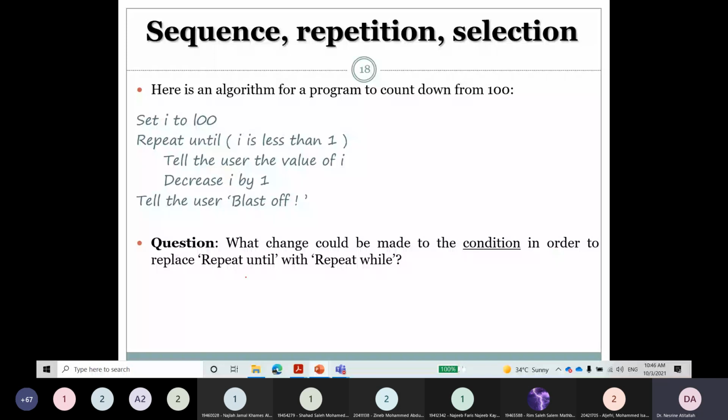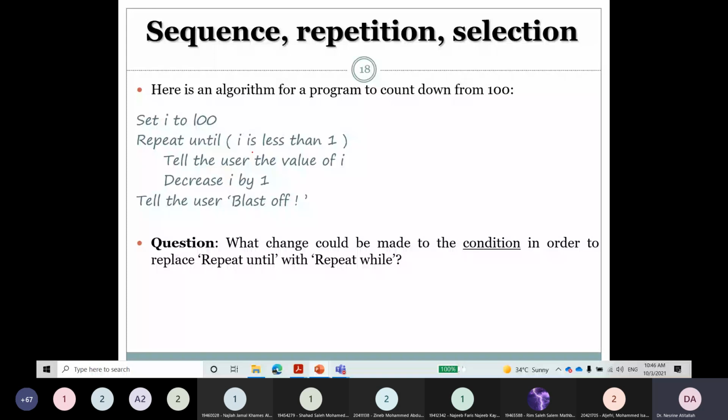Now repeat while I is lower than 1. Is greater than 1? Repeat until I is greater than 1, yes or no? So I will repeat while I is greater than or equal to 1. Or repeat while I is greater than 0.